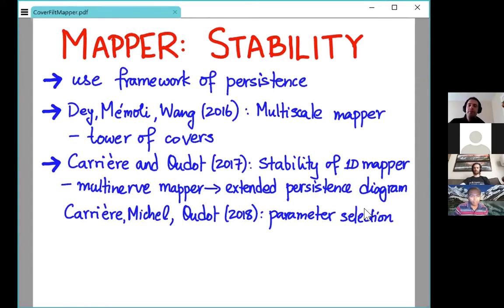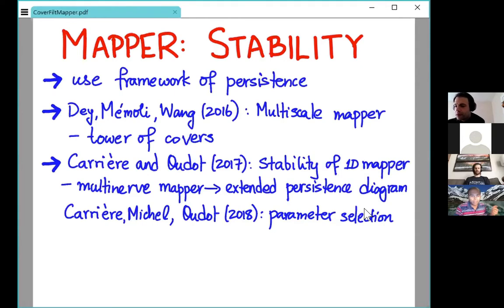Then they are able to go to an extended persistence diagram where these features, in particular the paths and flares and so on, which we'll see a little bit more of coming forward, appear as points in the extended persistence diagram. And again, the notion of stability is the standard one, in the sense you can bound, for instance, the bottleneck distance between the persistence diagrams as a function of changes in the input functions.